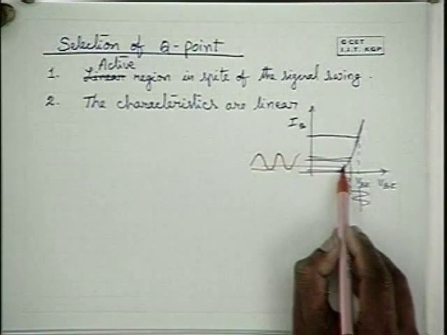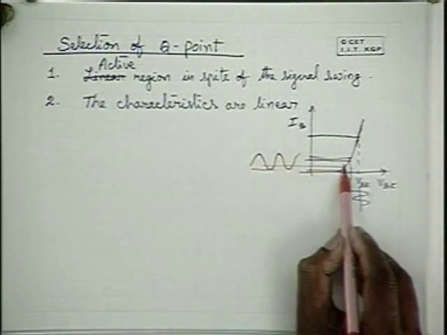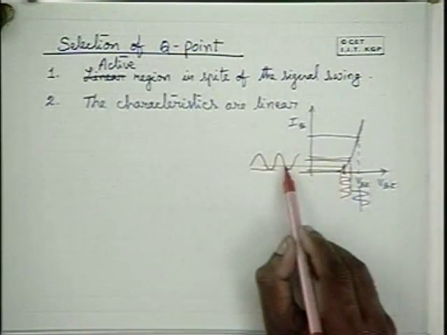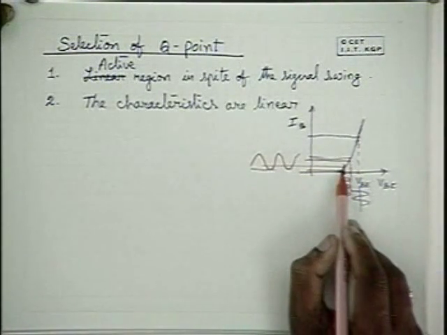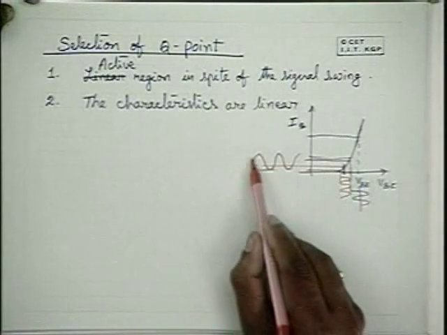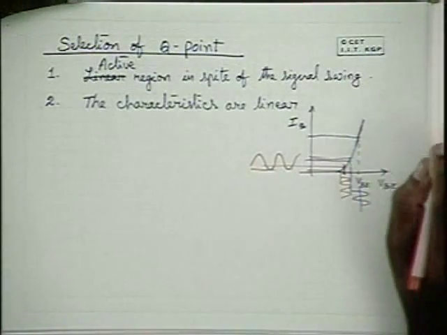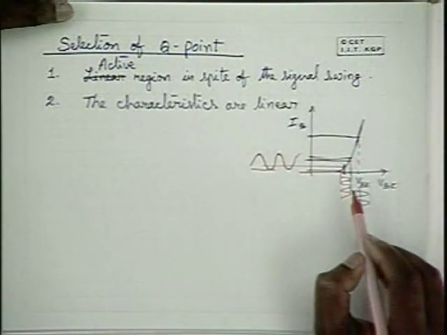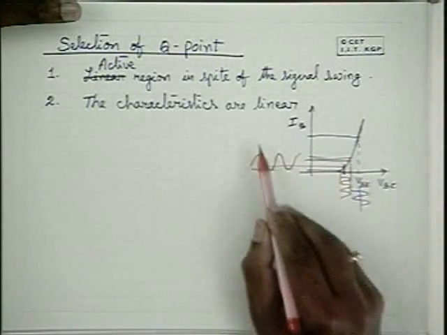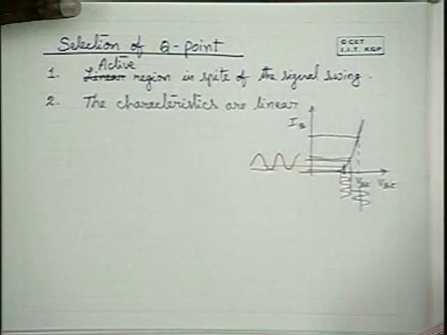So if you operate the transistor in this region, and then impinge the alternating signal over it, you will have a distorted variation in the base current because you operate it in the nonlinear region. On the other hand, if you operate in the linear region, you will get a linear output.